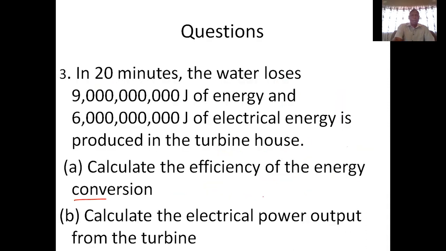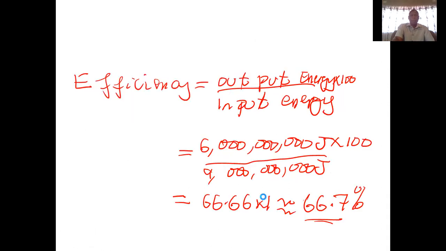The second part of the question: calculate the electrical power output from the turbine. The electrical power output is equal to the energy produced in the turbine divided by the time.